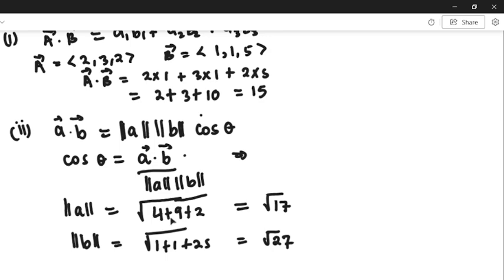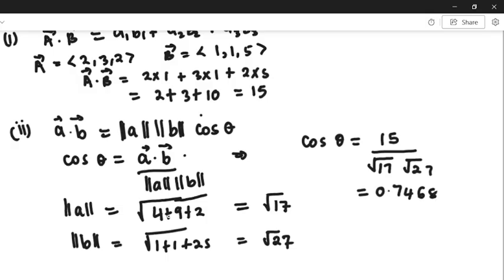And now our theta, so our cos theta is A dot B, which is 15 over root 17 root 27, which gives us 0.7468.